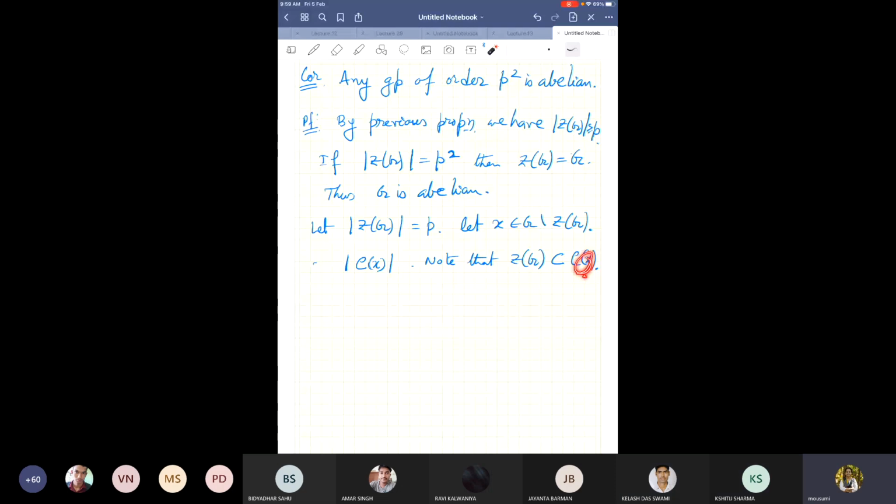That means what? I also have this X which is in the centralizer but not in the center. That means this centralizer is strictly bigger than the center.